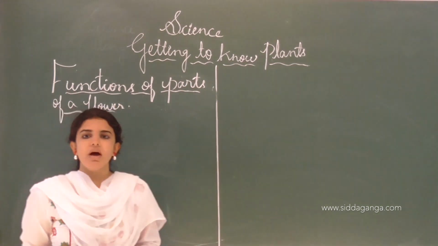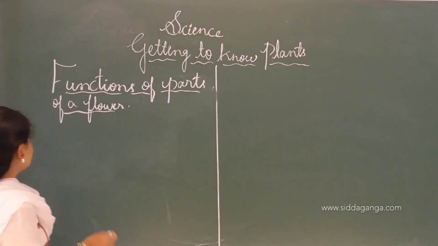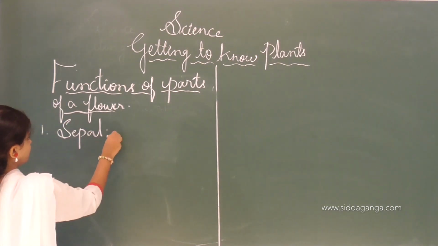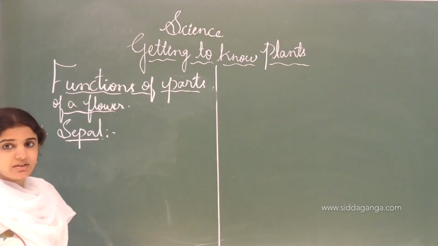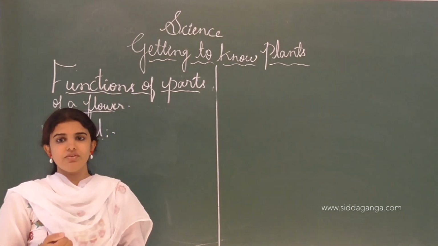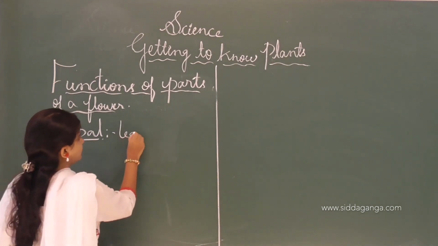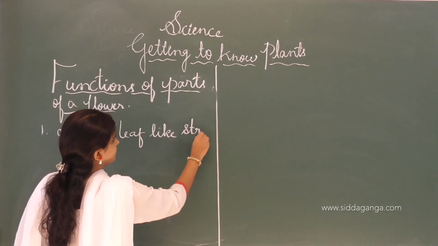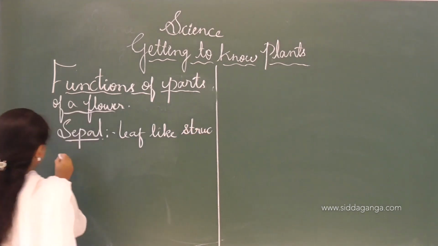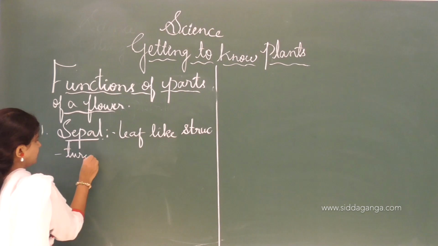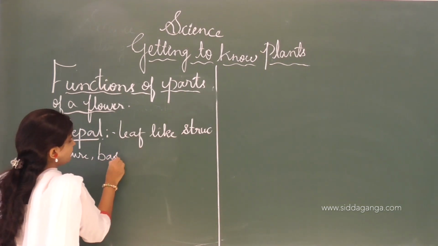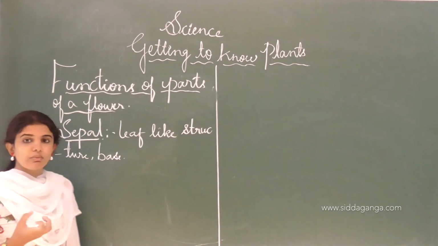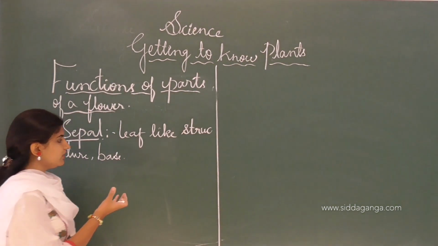Let us see each part and its functions, of which the first one is the sepal. A sepal is a leaf-like structure which is present at the base of a flower, and a sepal gives support to the growing flower.